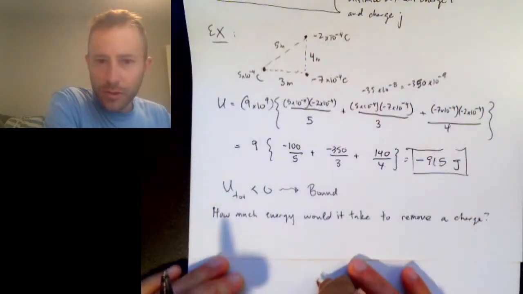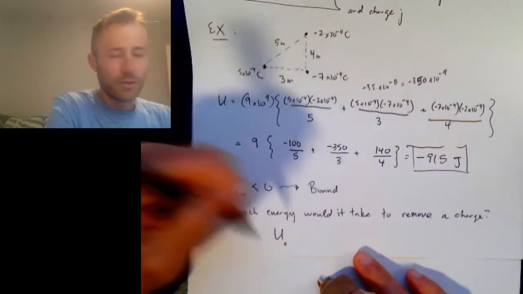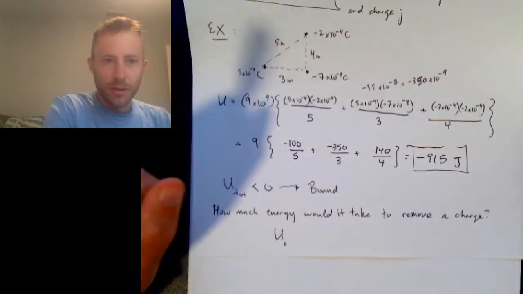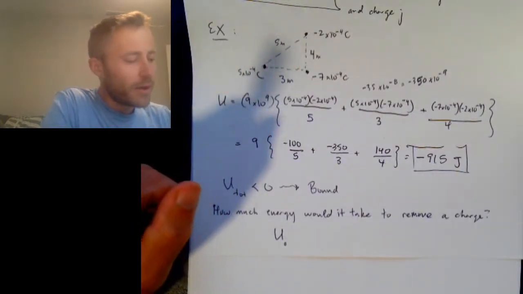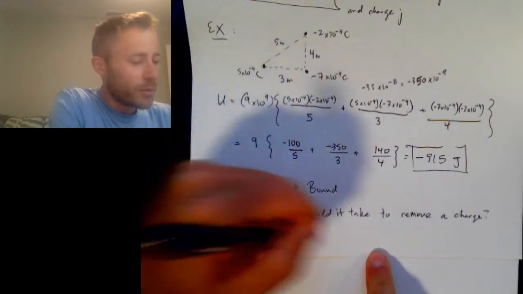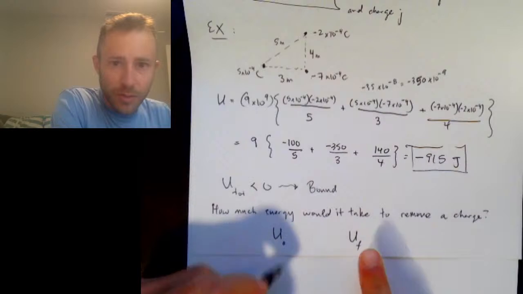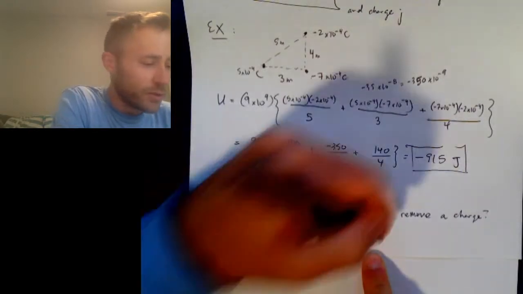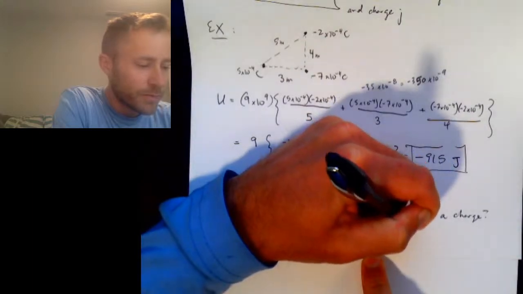So what you want to do is you start out with some initial amount of electrical potential energy, okay? And you end up with a final amount of electrical potential energy. And these two are going to be different. So this is the potential energy with the charge removed.